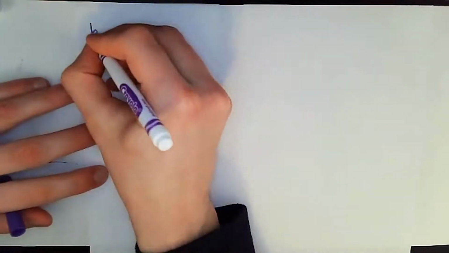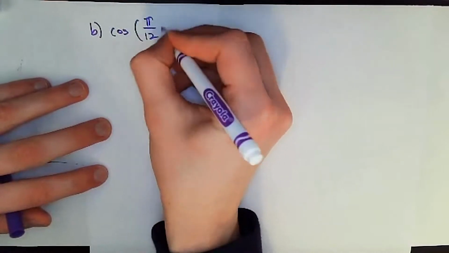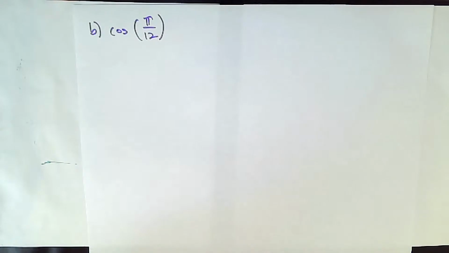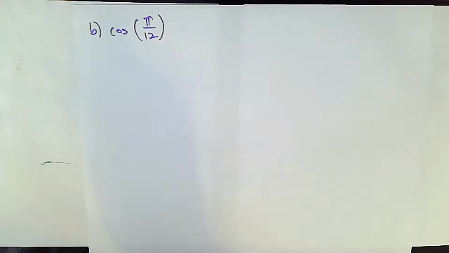So this is opening up a lot of possibilities for us, because now we can deal with not just our special angles, but any sums or differences of our special angles. What are our special angles in radian form?